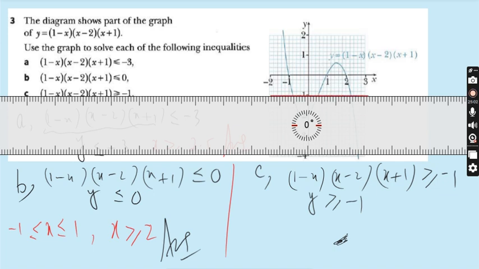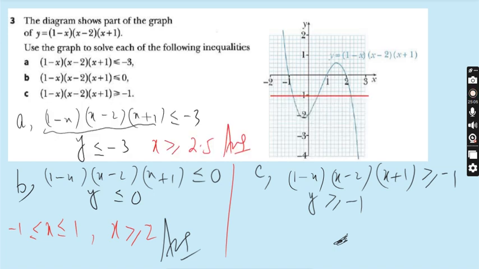And now focus on the sign of inequality. This time it is greater than. How many points of intersection? This is 1, this is 2, this is 3. So the first value, which is below the line, is x less than or equal to negative 0.8.